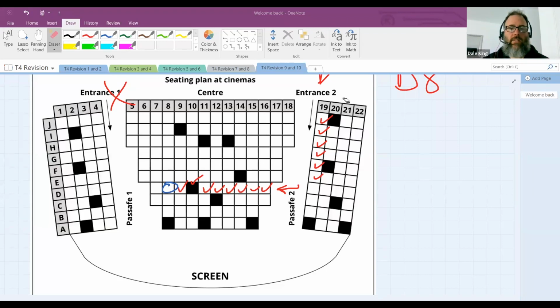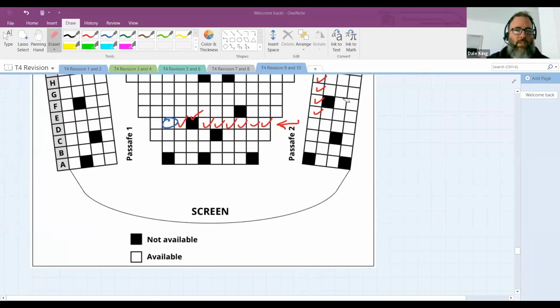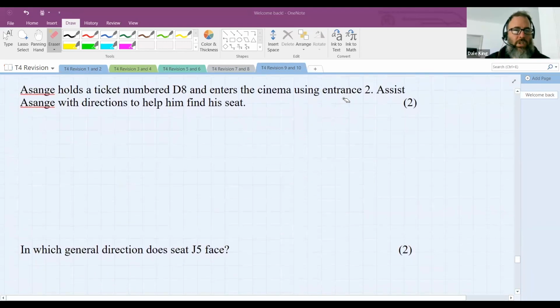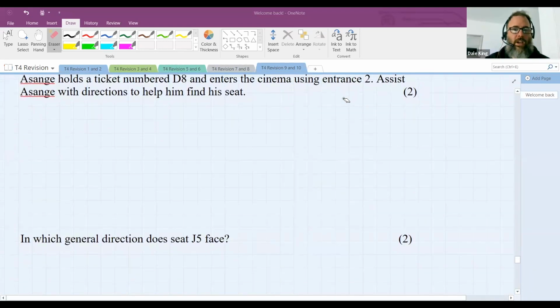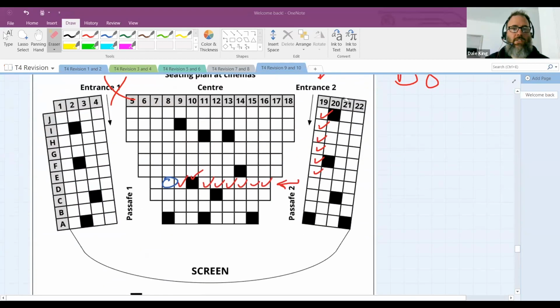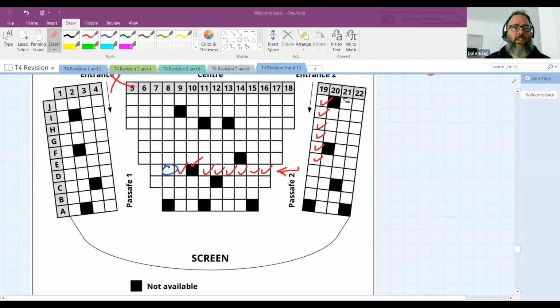All right. Let's move on to the next question. In which general direction does seat number J5 face? Seat J5, in which general direction does it face? Oh, come on now, everybody. Even Kia's yawning. Come on, guys.